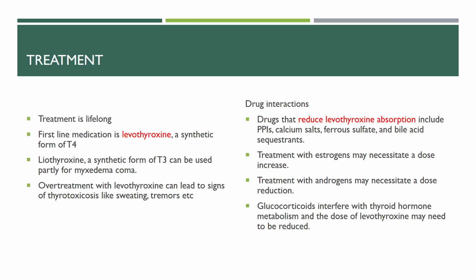And then take note that if you overdose someone on this drug, you can get signs of thyrotoxicosis or hyperthyroidism. So you have to be really careful with this, because if you remember on etiology, I mentioned that you can get this condition from antithyroid medication, meaning that drugs that are used to treat hyperthyroidism, if they are overdone, they can give you hypothyroidism because they're meant to subdue the thyroid.